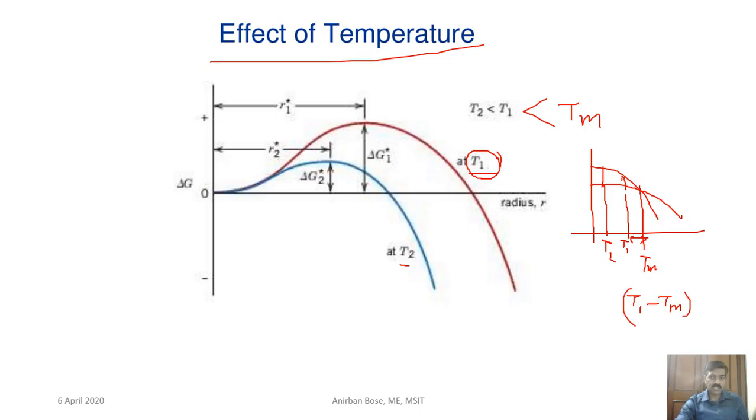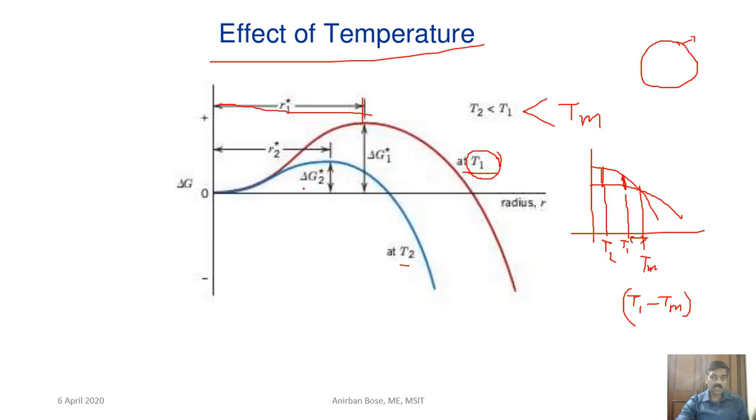So here the free energy change is small, and it is expected that here the nucleation rate will be low, and that you can see in terms of the critical radius of the nucleus, that when T1 is larger, that means close to the melting point, then you see that the critical radius is larger. So to nucleate, the larger radius has to be reached, and only after that it will grow.